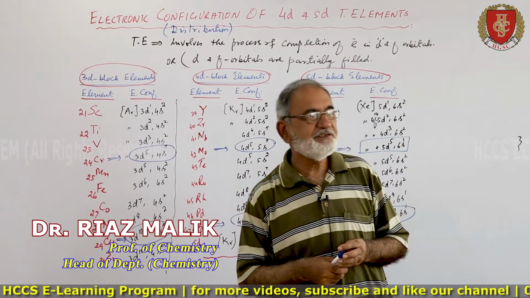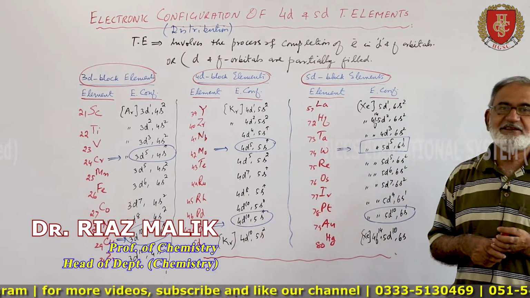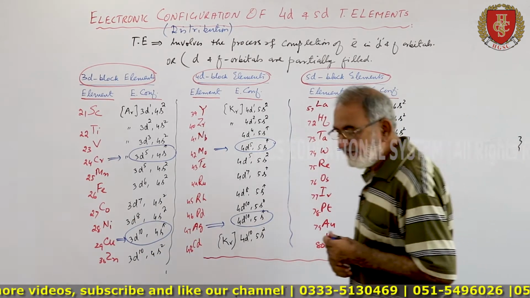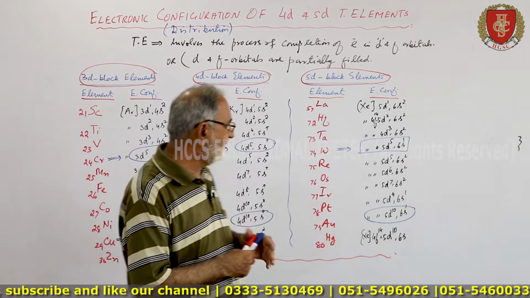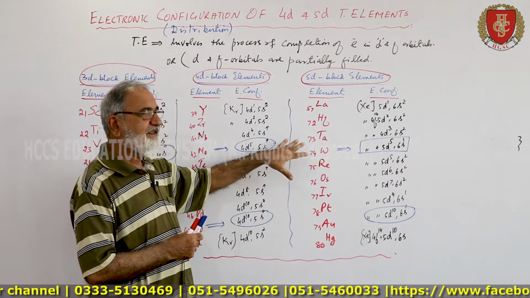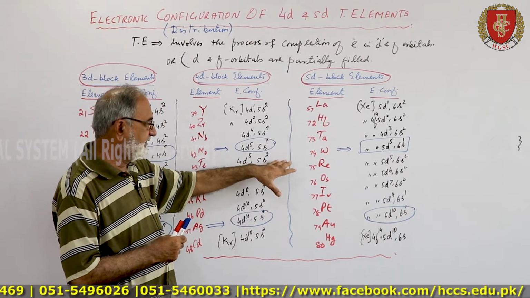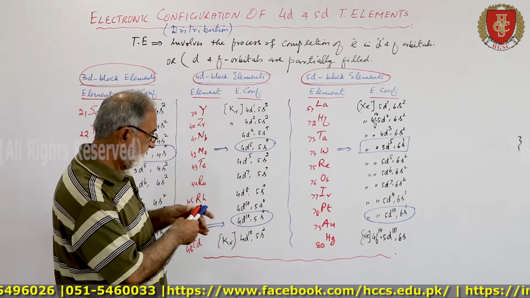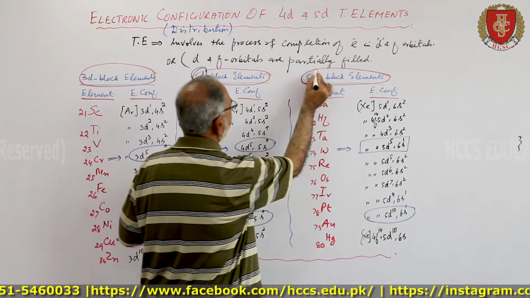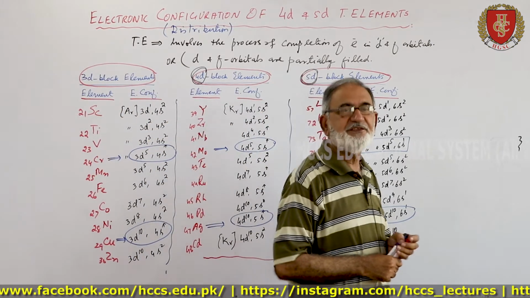Another factor is the shielding of one electron by the other electrons, and lastly the energy exchange factors. These are very significant while considering the electronic distribution in the 4d and 5d transition element series.